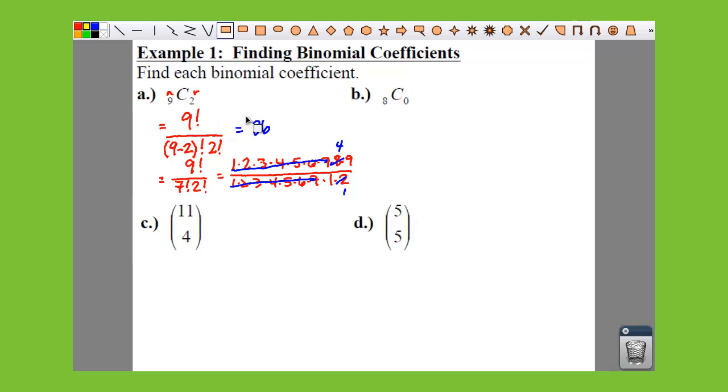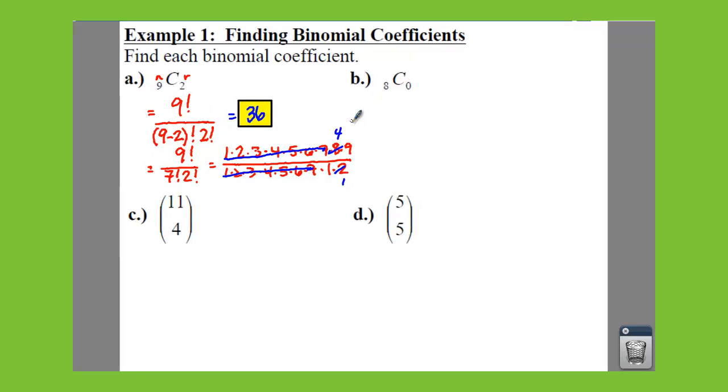I think I can probably do a couple of those. In fact, let's just go ahead and do that. For B, you're going to do the same thing, except this is 8C0. So that's going to be 8 factorial divided by 8 minus 0 factorial times 0 factorial. Anybody remember what 0 factorial means?